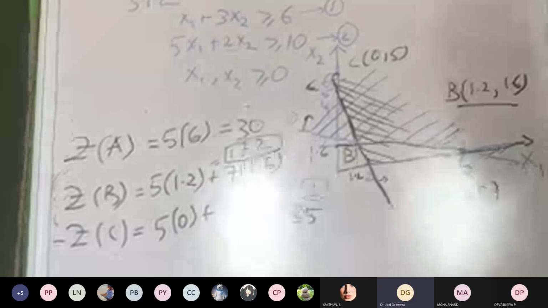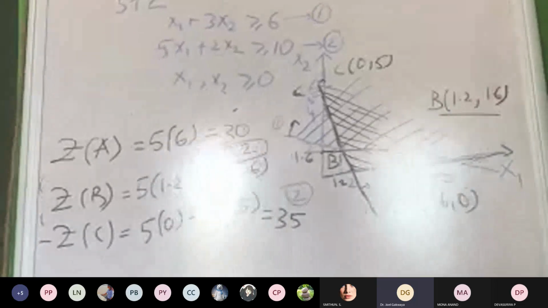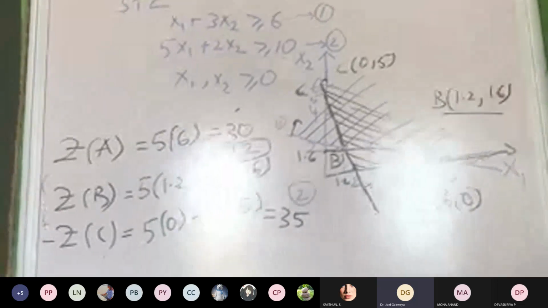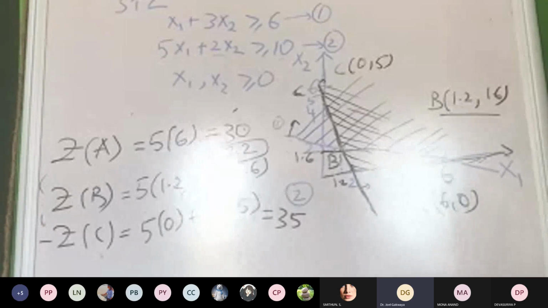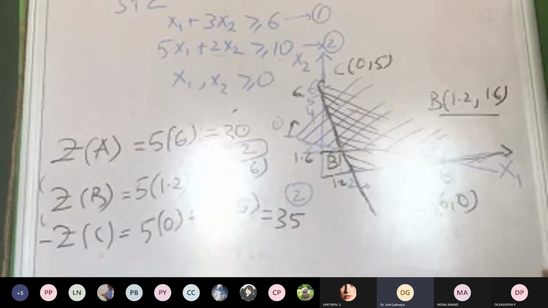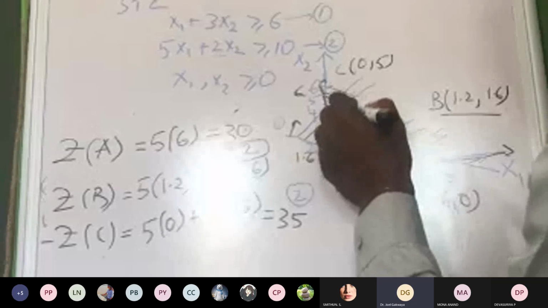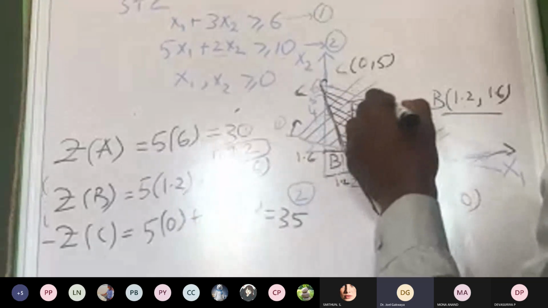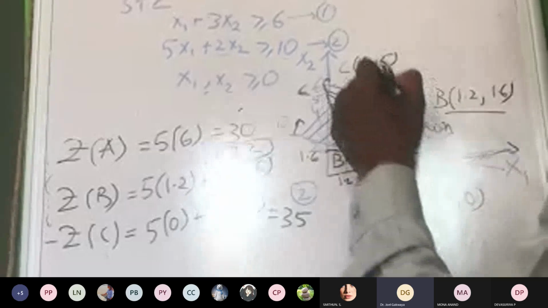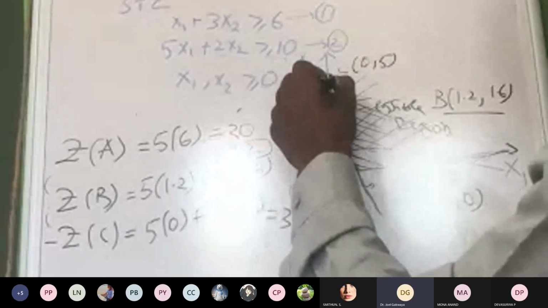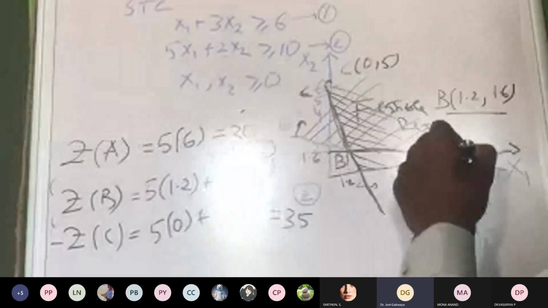Right. Now, as you can see on our graph, which is the minimum point? This is called the feasible region. Feasible region means where we can reduce our cost, it should belong to this region.